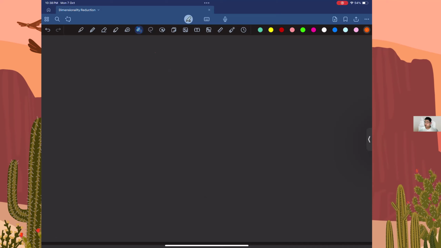Let me draw, then I will explain. Suppose this is f1, let's say height, and this is f2, which is weight.